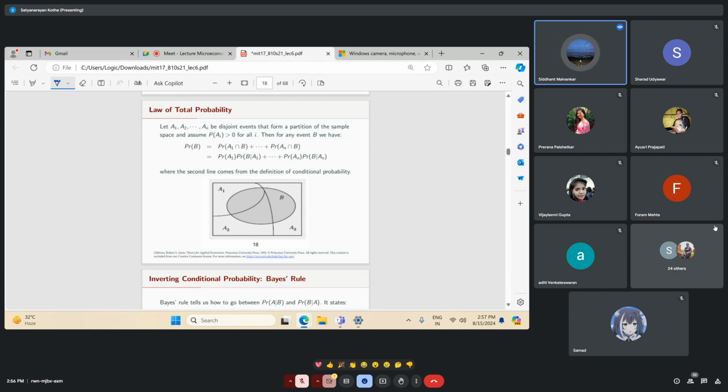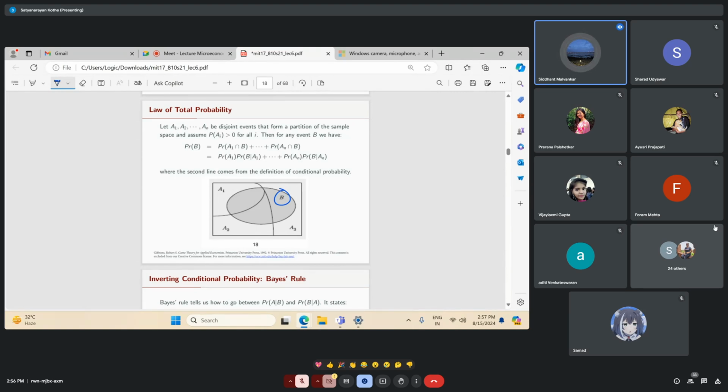See, one example is given here. If we condition that B takes place first, in the event of B having taken place, what is the probability of A1 to take place? What is the probability of A2 to take place? And what is the probability of A3 to take place?